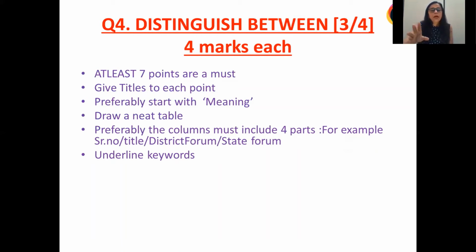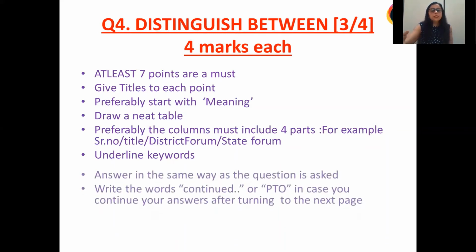So please have 4 parts in the table. First, start with the serial number. So number the points that you're mentioning. Giving a head point, a title, to each and every point is definitely expected. Plus, whatever is on the left side must be written on the left and the other on the right. So do not change that.